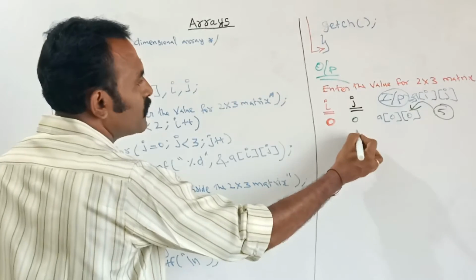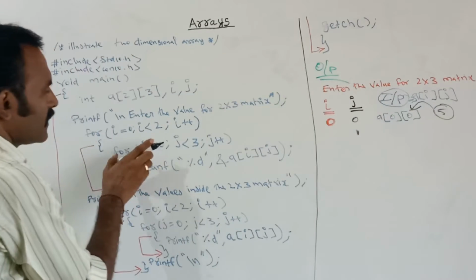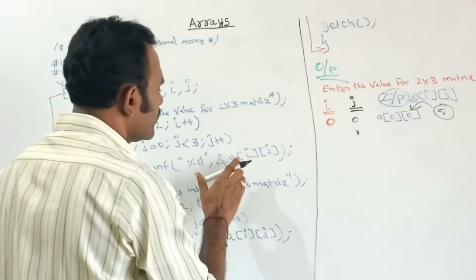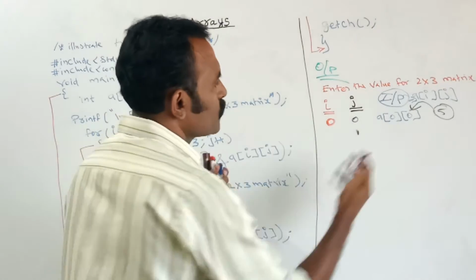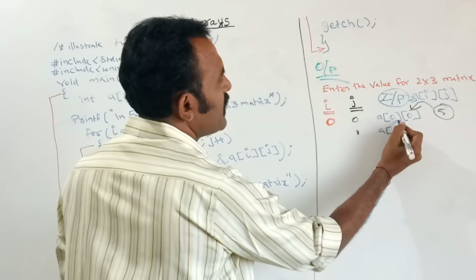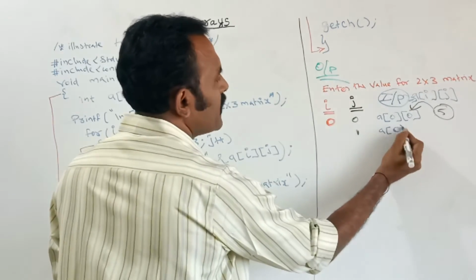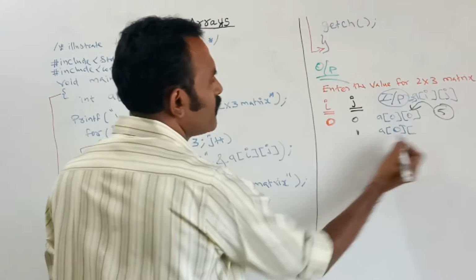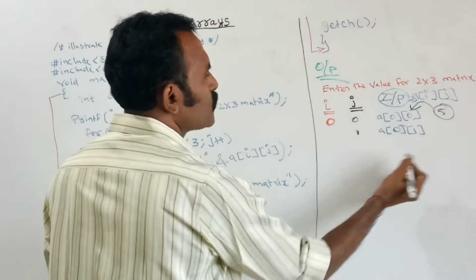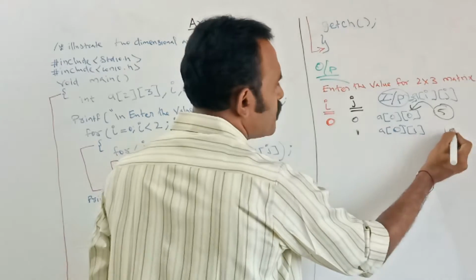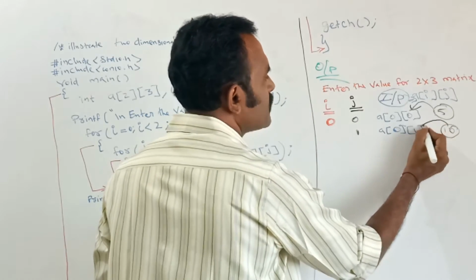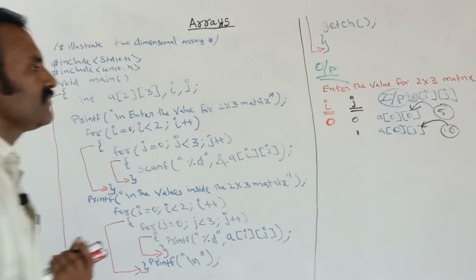Now j will be 1, and again it will get the value for a of i comma j. The value of i, the outer loop value, is 0, and the inner loop is incremented to 1. If you type 10 on the keyboard, that 10 will be stored at a of 0th row and first column.